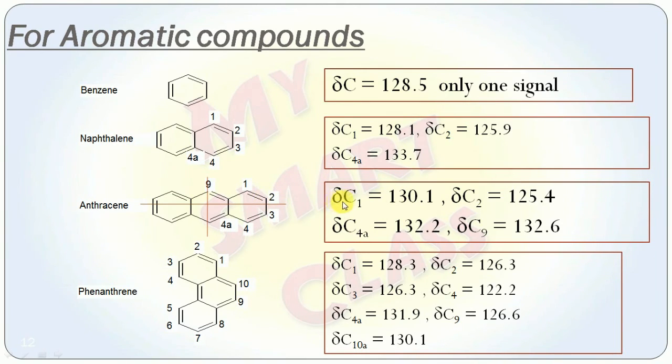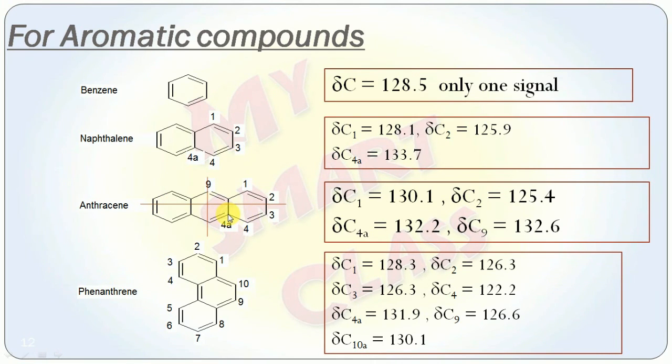So here is the difference. C1 is 130.1, and this is also 130.1, this is also 130.1, and this is also 130.1. This C2 is 125.4, and this is also 125.4, this is also 125.4, and this is also 125.4.